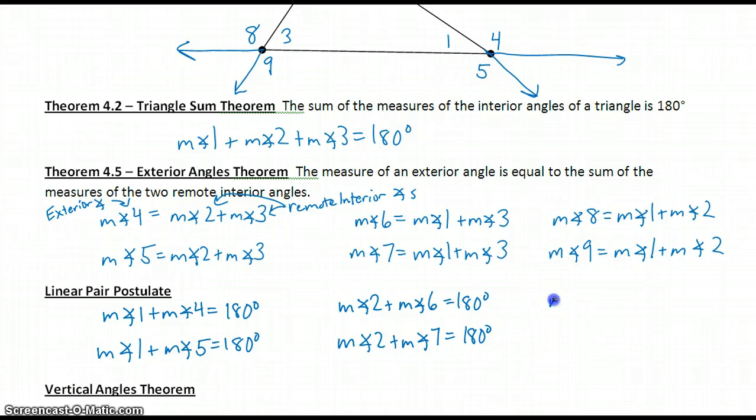And the last set, the measure of angle 3 and the measure of angle 8 are supplementary. And the measure of angle 3 and the measure of angle 9 will be supplementary.